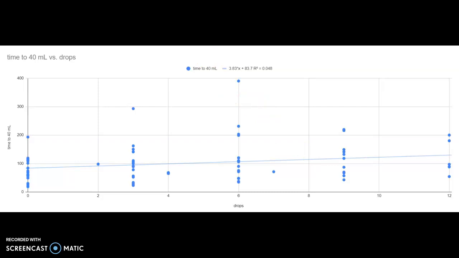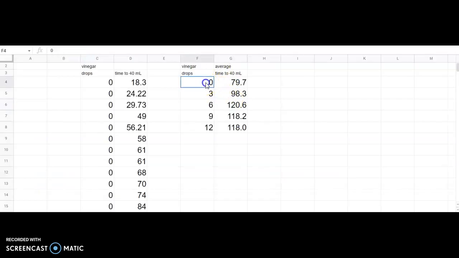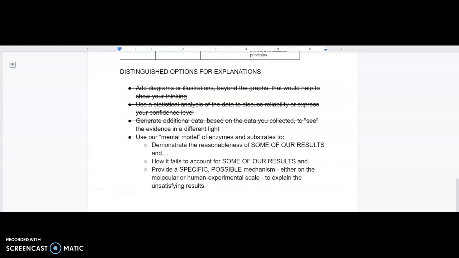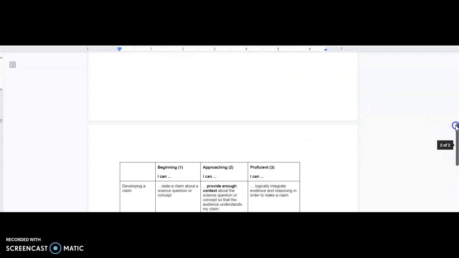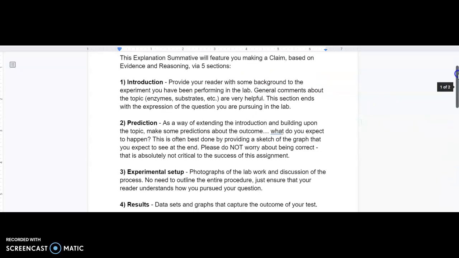Students were allowed time in class to make this graph and make a graph also of the averaged data. So we took time in class to make these graphs, and those graphs should wind up in their writing as part of the results conversation, okay? I should also say that the first couple of sections, the introduction and prediction paragraphs, we took time in class to write those as well, but some of the students you may be supporting may not have taken advantage of that time.